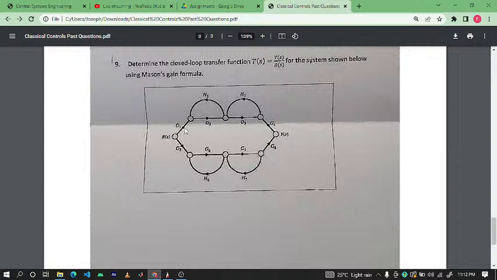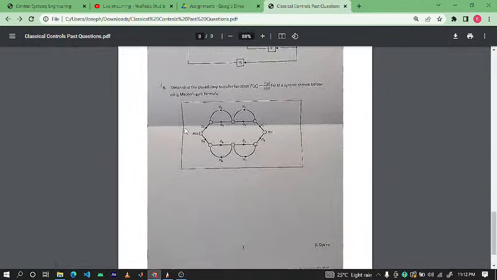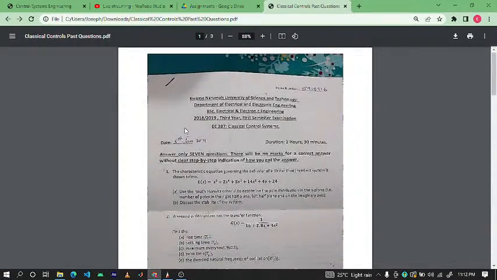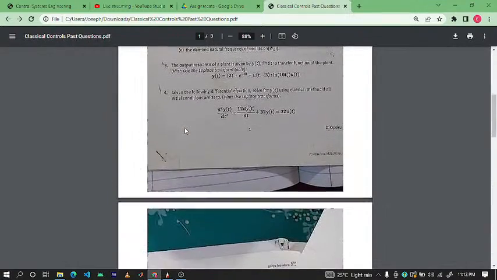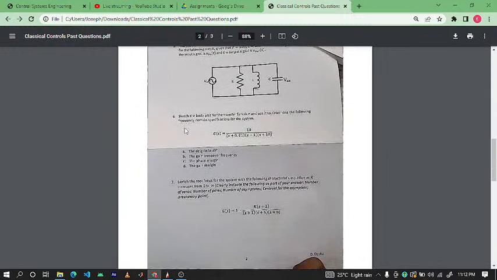So first, find forward path gain. Second, you find your loop gains. Then you proceed. So tomorrow we'll do both plots. That'll be the main focus. If in 30 minutes we are done with both plots, we'll look at the other one.